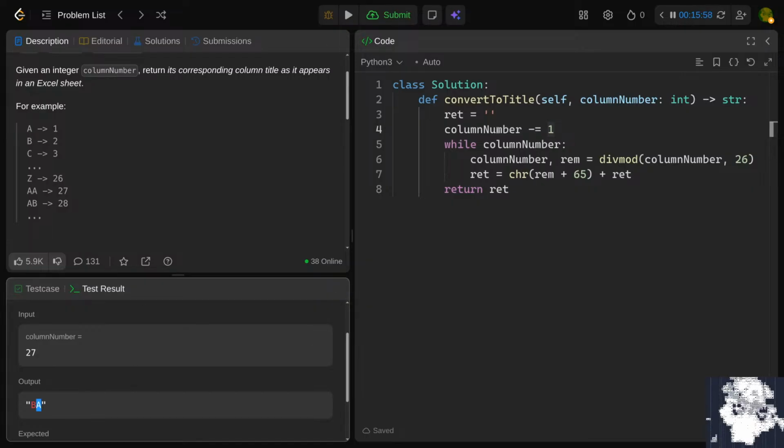Oh, I'm subtracting 1, so 27 is 26, mod 26 is 0, so I'm putting in A, and then there's a 1 remainder. 1 mod 26 is 1.